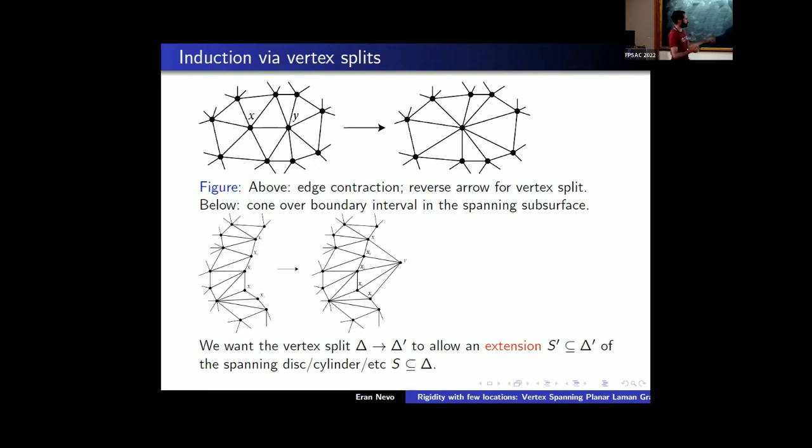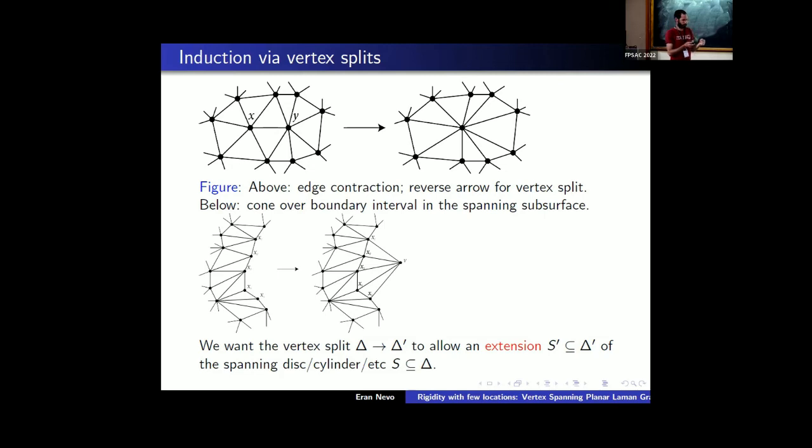So what we want is to have a theorem like that, so that inside an irreducible triangulation, we will have a spanning subsurface of the type that is suitable for the surface at hand. And now what we want is that as we do the vertex split, we are able to extend this surface to a bigger surface of the same homeomorphism type that will capture also the new vertex.